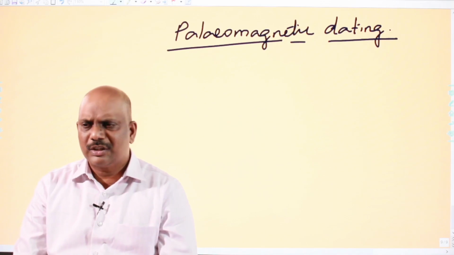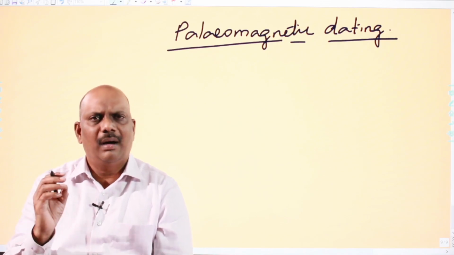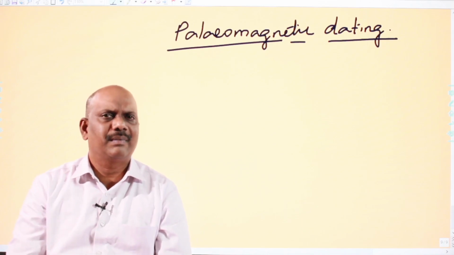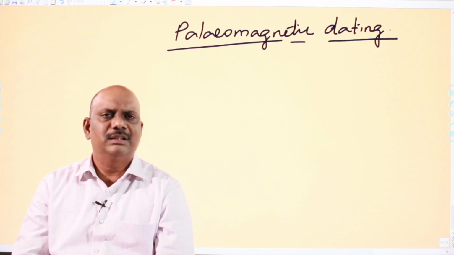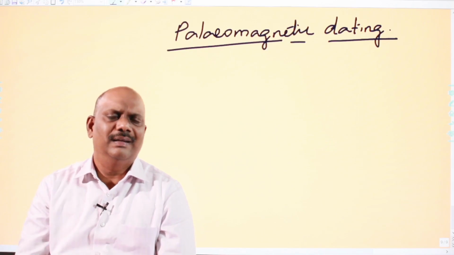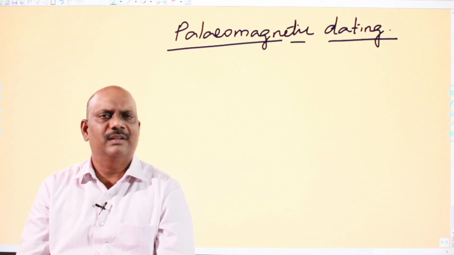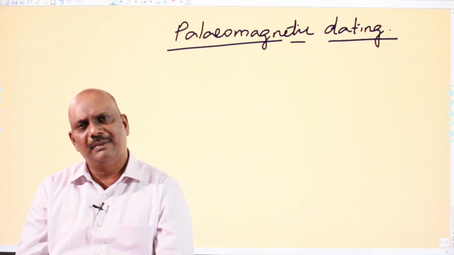In the last lecture, I told you that Earth behaves like a magnet. It is because of the presence of iron and nickel in the core of the Earth. The purest form of iron in the core gives the Earth its magnetic property.